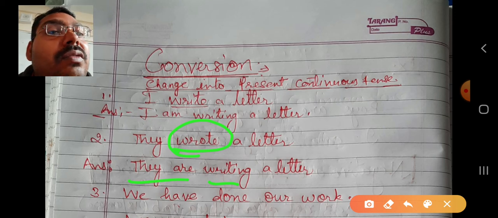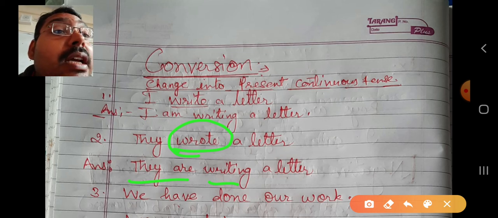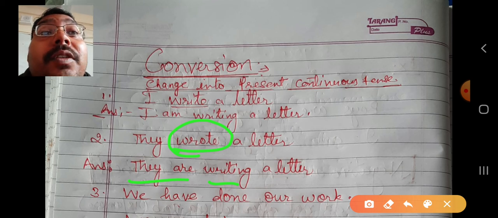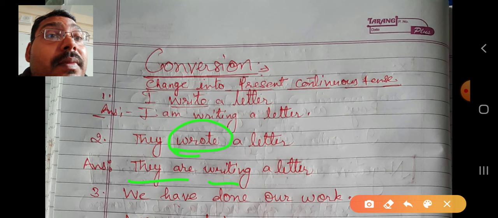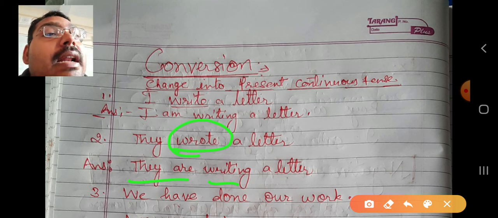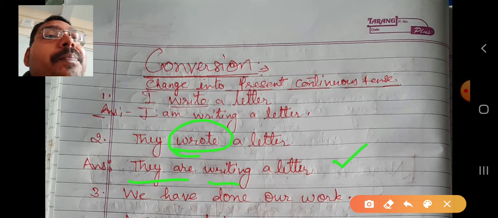The first form is write, and we add ing only to the first form. If you say it like this, they are wrote-ing a letter, then it will become wrong. So first you need to extract the first form of the verb. The first form is write, and we add ing to write, then it will become they are writing a letter, and this will become your sentence in present continuous tense.